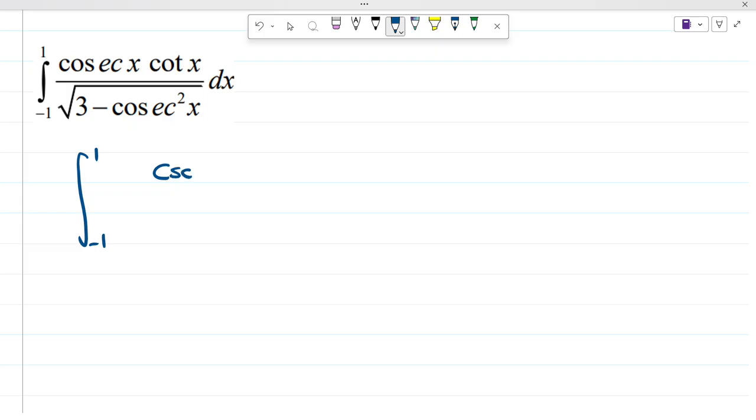This is going to be cosec of x cot of x divided by what?